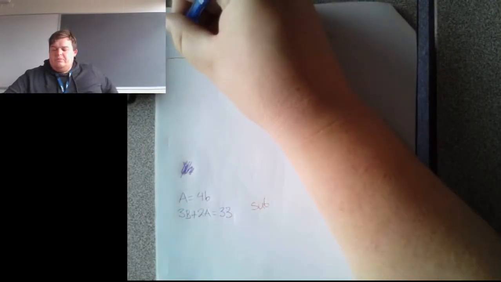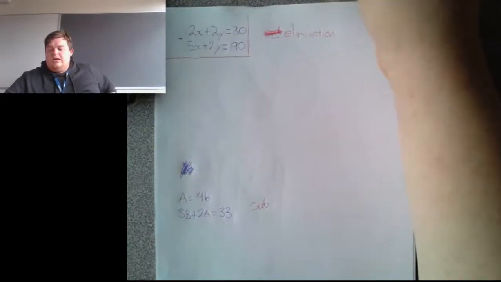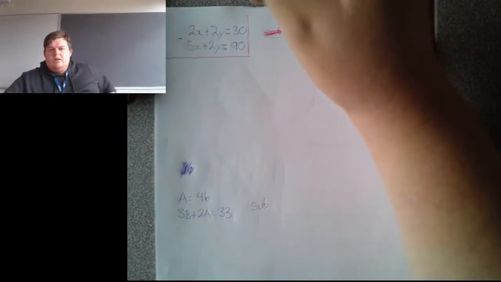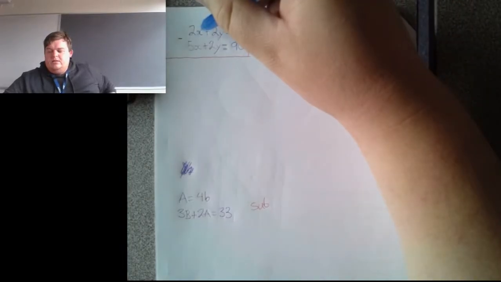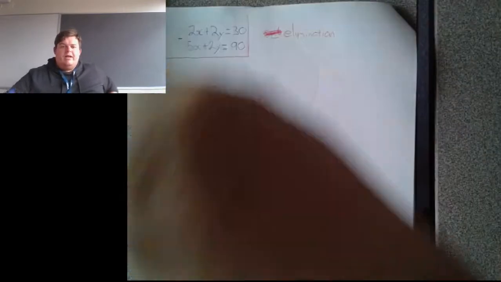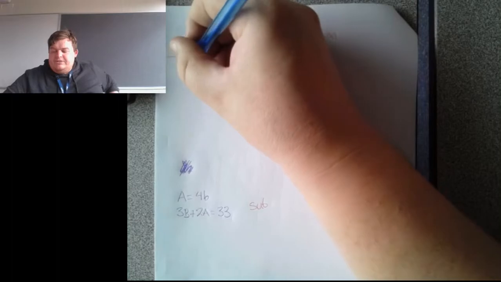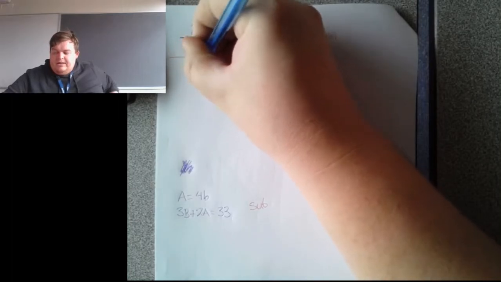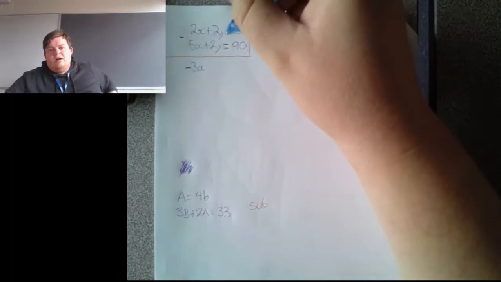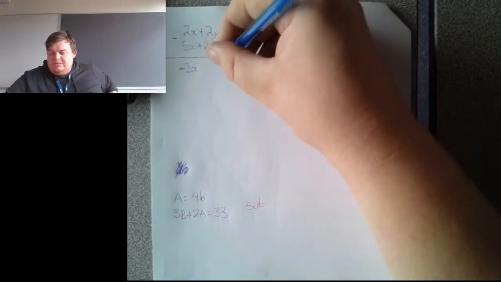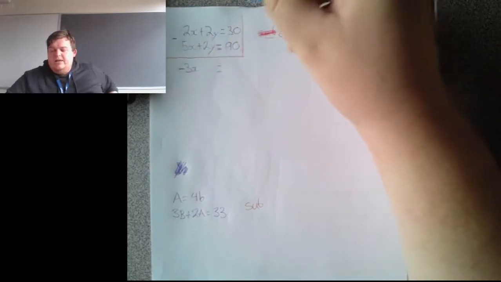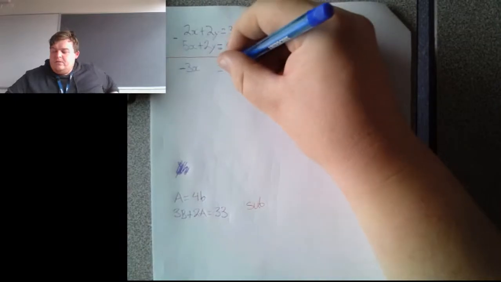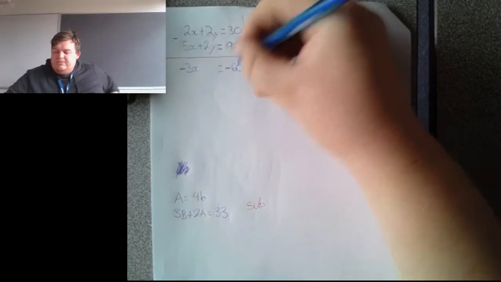So I'm going to put a minus sign in between them, which means this one minus this one will give me my answer. So 2x minus 5x gives me negative 3x, and 2y minus 2y gives me 0, so I'm just going to leave that blank. And that equals 30 minus 90, which is negative 60.